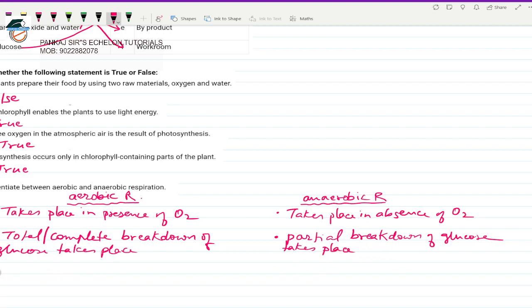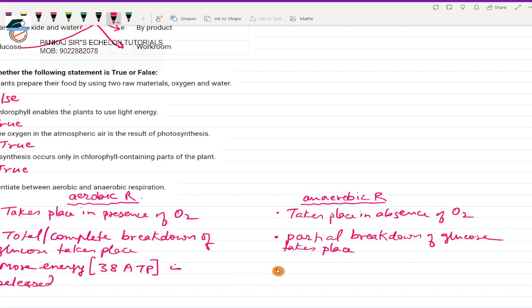Third point can be written as: in aerobic respiration, more energy is liberated. In fact, it is 38 molecules of ATP. This much energy is released.